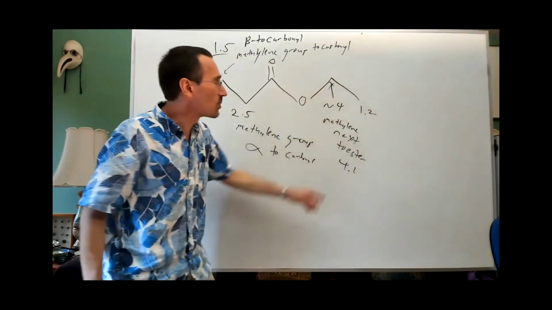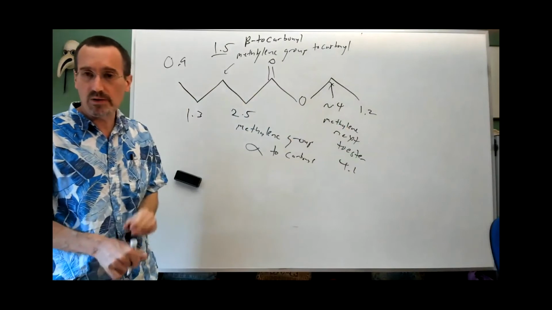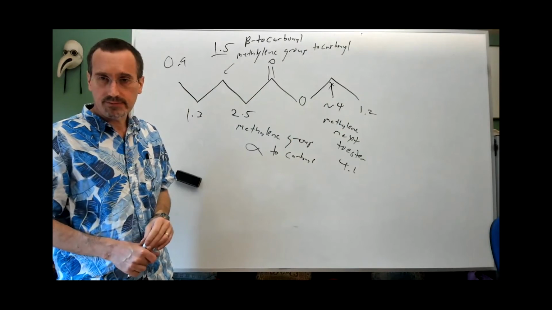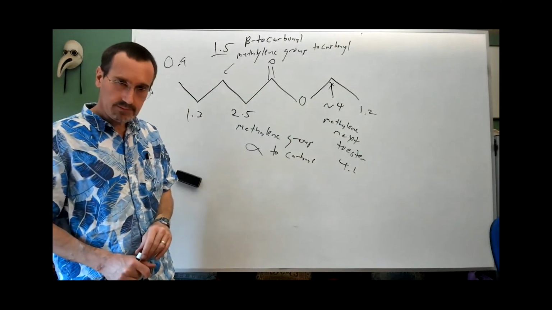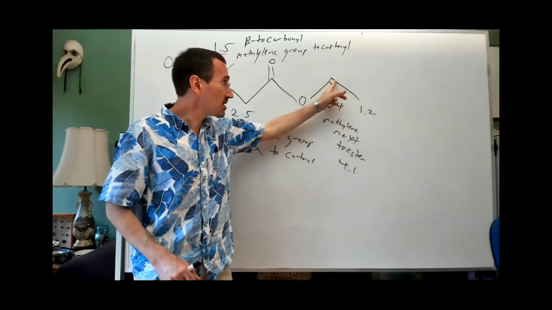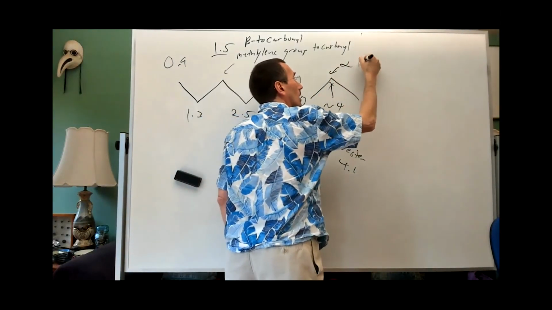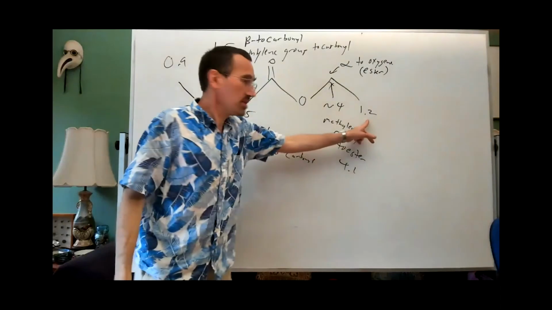Can we verbalize what the reason for it being 1.2 is? Do we consider alpha and beta too? So this is alpha to an oxygen. And this would be what? Beta to an oxygen.